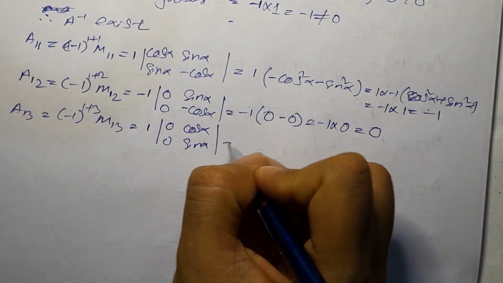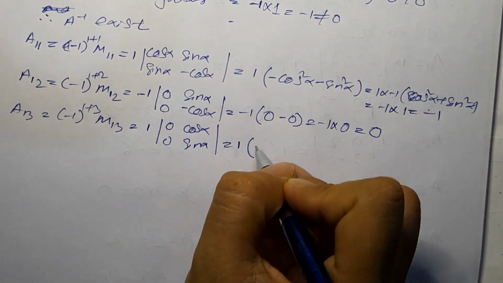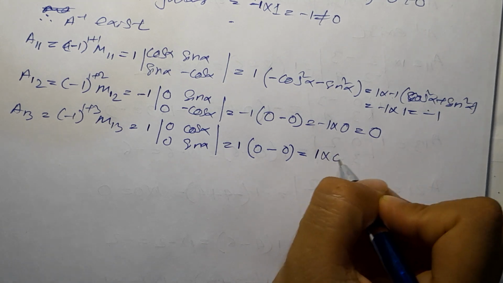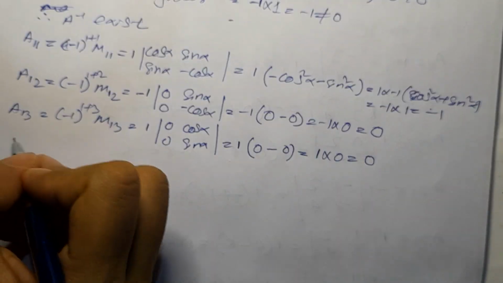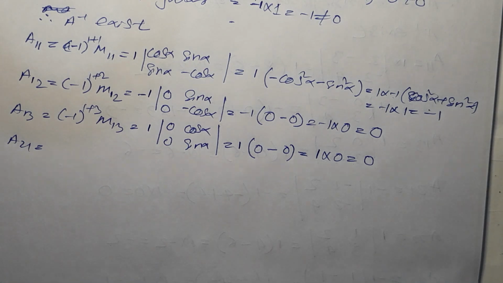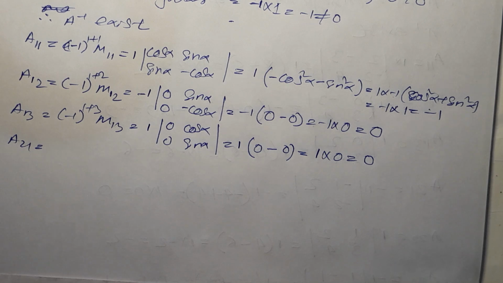It will give 1 bracket, 0 minus 0, so 1 into 0 is equal to 0. Now A21. We have the matrix A equal to [1 0 0; 0 cos alpha sin alpha; 0 sin alpha minus cos alpha].